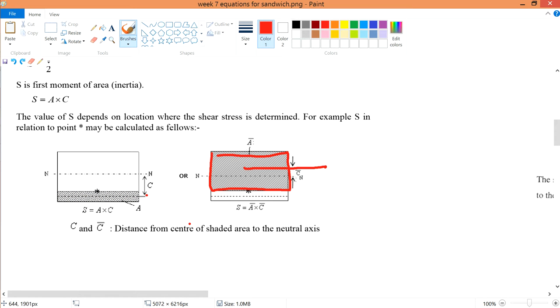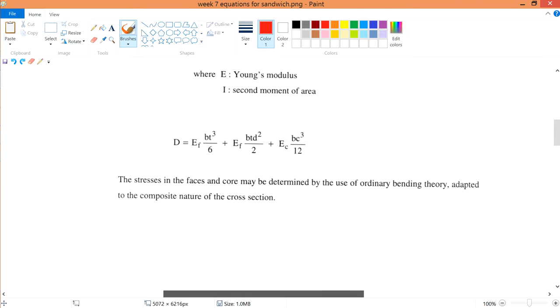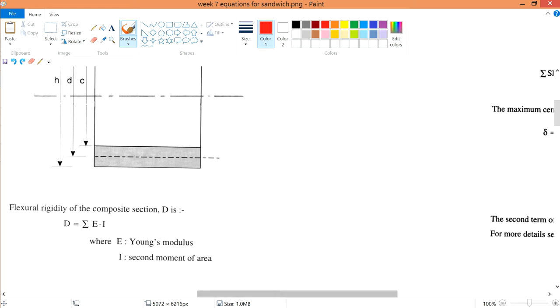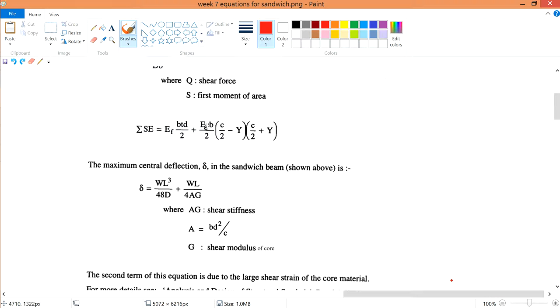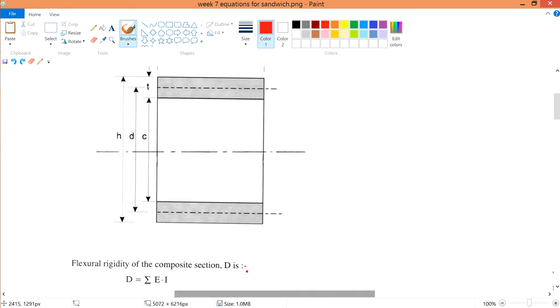Okay, so I believe this concept is also being brought into our sandwich panel now, which is this one. If I were to show you, it's the middle part also, but it's spanning across.